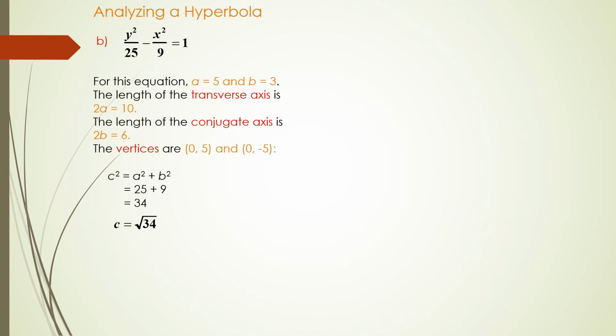So, a times a, that's 5 times 5, 25, and 3 times 3 is 9. And then 25 plus 9, that is 34. Then c equals square root of 34. So the coordinates are (0, square root of 34) and (0, negative square root of 34).